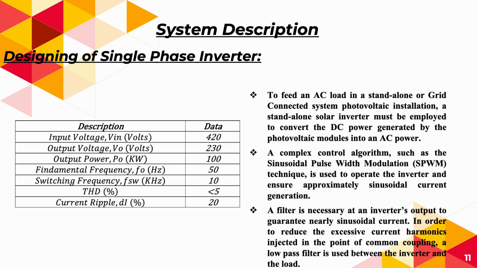So here is some calculation which depicts how we design the single phase inverter. These are some data: the input voltage is normally 420 volt, output voltage, output power, fundamental frequency, and what may be the THD, all the things are given.